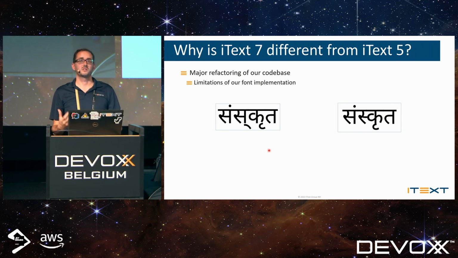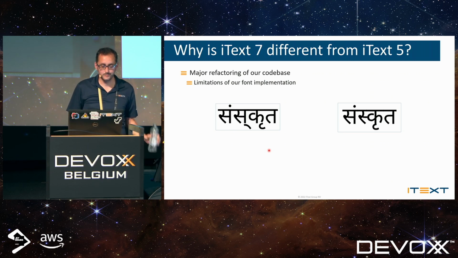You need to combine them in some kind of way. Like in French, you have the cedilla that's underneath certain letters. That's very similar here, but it's context-based. It's based on the glyphs coming before it, coming after it. Sometimes there's whole swashes attached to words, and our limitation just couldn't handle that for iText 5.